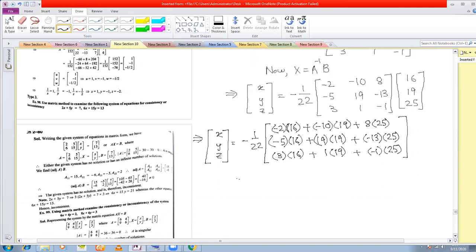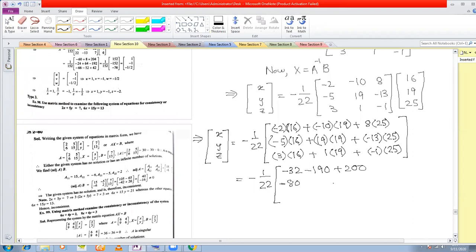So let's simplify this. You get minus 1 by 22 times, let's see how much we get. We get minus 32, 16 into 2 is 32. Minus 190 plus 25 into 8, how much is that? 200. 16 into 5 is 80, minus 80.